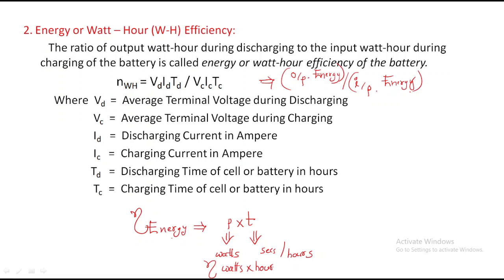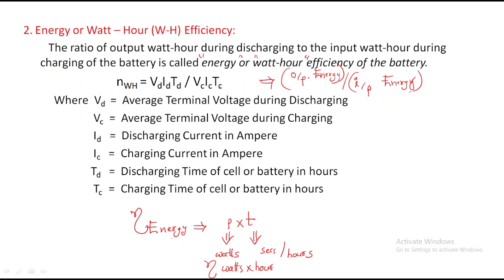Output means discharging, input means charging. The ratio of the output watt hour during the discharging to the input watt hour during the charging of the battery is called energy or watt hour efficiency. Watt hour efficiency equals output energy, which is discharging voltage, discharging current, discharging time, divided by input energy, which is charging voltage, charging current, charging time.